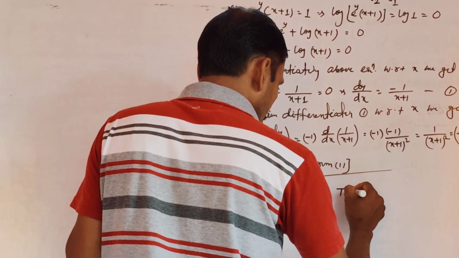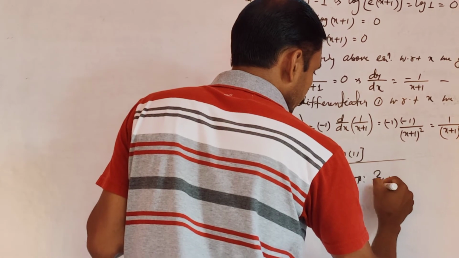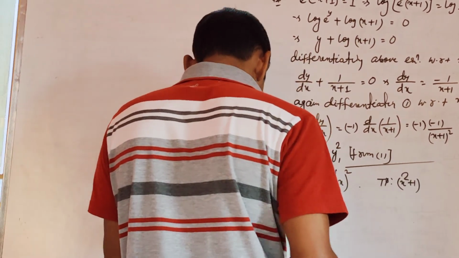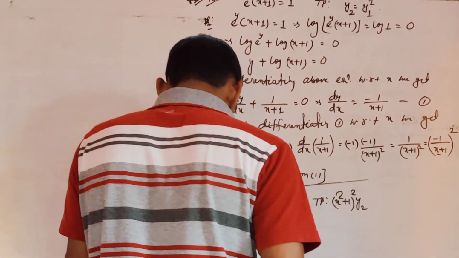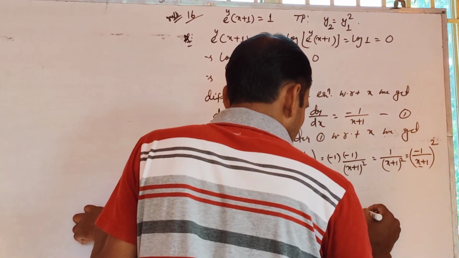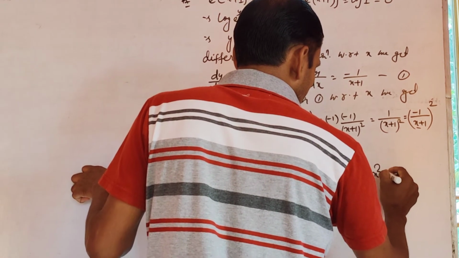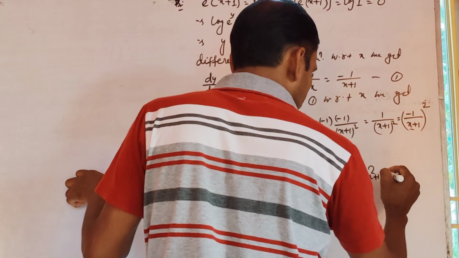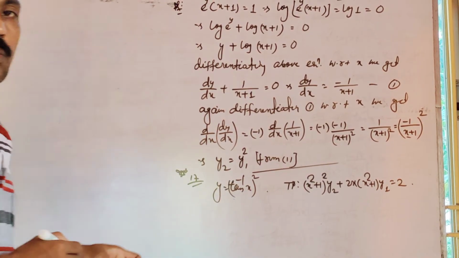We have to prove that x square plus 1 whole square into y2 plus 2x into x square plus 1 into y1 equals 2. This we want to prove.